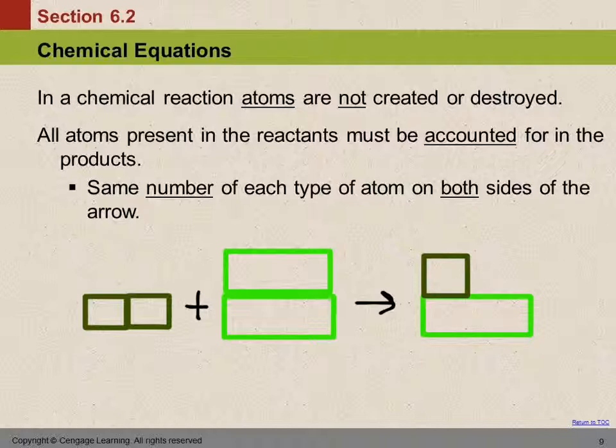Could we do that? Could we take two dark green bricks and two light green bricks and make this and not have anything left over? No, we can't. There's going to be two more bricks left over. So all the bricks that we started with have to end up, they're still there in front of us. So we could end up with two of these things, right?